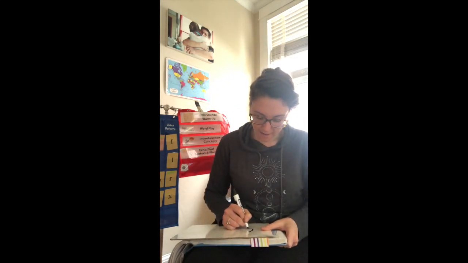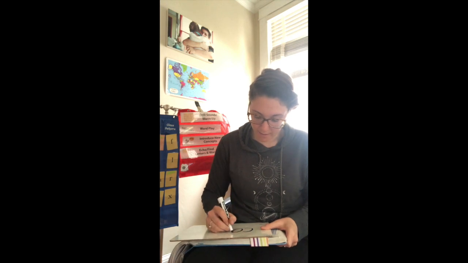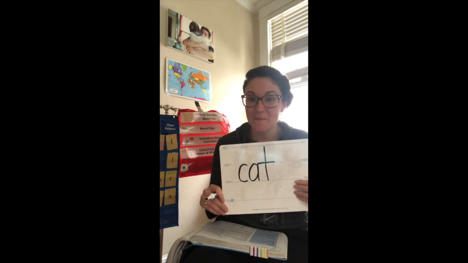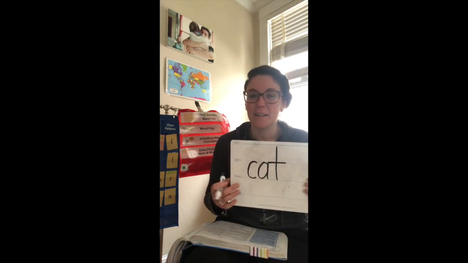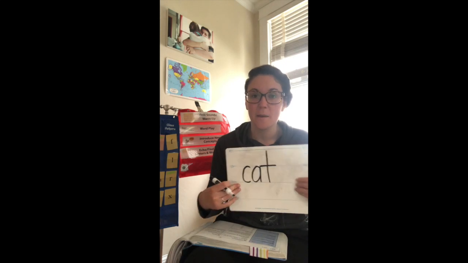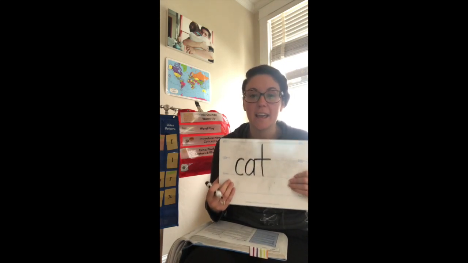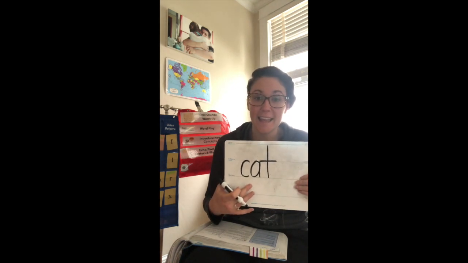Go ahead and write it, and then you can check your answers with me. If your cat looks like mine, you did it right. This should be a C and not a K. K comes before I and E. C comes before A, O, and U. And since this is an A, it should be a C letter.